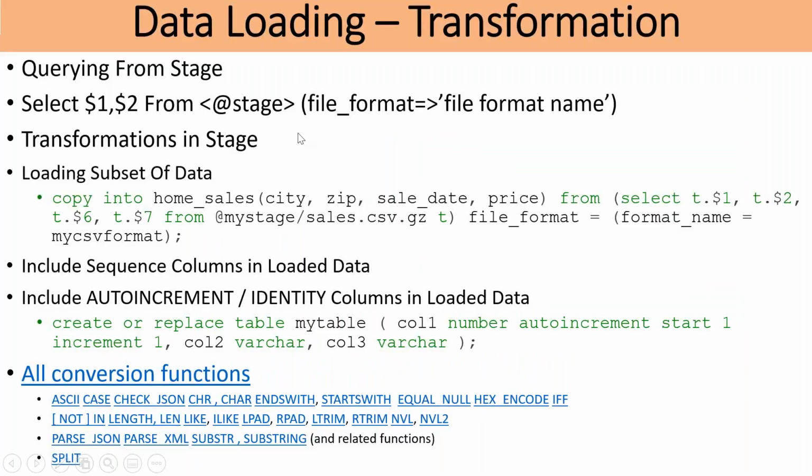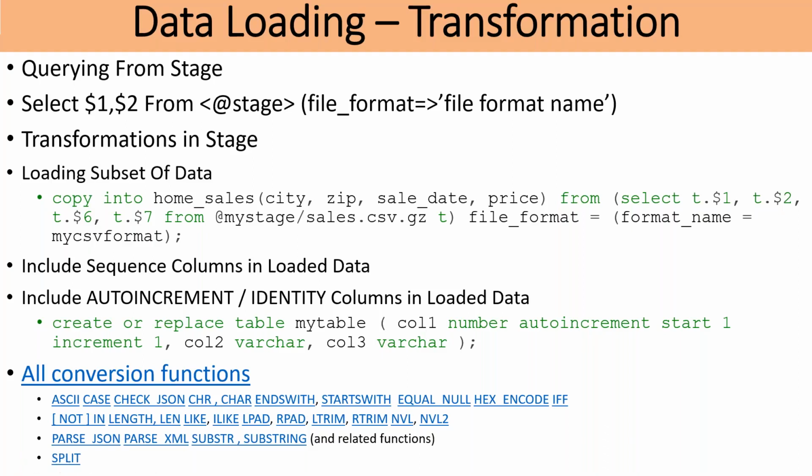I have file format name. I have given the example as well, file underscore format, file format name. You can do transformations in stage, loading subset of data. So this copy, we did not go to the copy part yet. And then if you have any sequences kind of things, right, auto increment, or you have created a table with a column on auto increment, and when you're trying to load, you can skip this column and load the data as well.